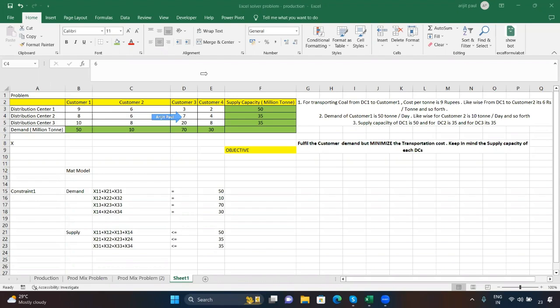Similarly for distribution center 3, this cell we have referred to as x31, x32, x33 and x34, which needs to be less than or equal to the supply capacity of distribution center 3. What is the supply capacity of distribution center 3? That is 35. That is why we have mentioned here 35.